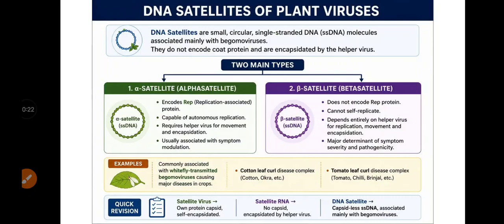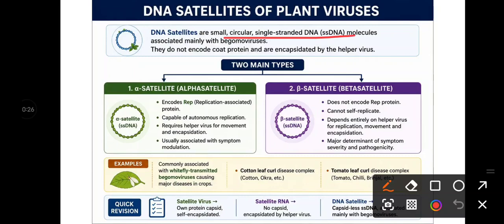Then the detail about the DNA satellites of plant viruses. So first the definition. So DNA satellites are small circular single stranded DNA, not double stranded. The DNA satellites are circular and single stranded DNA molecules associated mainly with the begomovirus, and they do not code for any coat protein, and they are encapsulated by the helper virus.